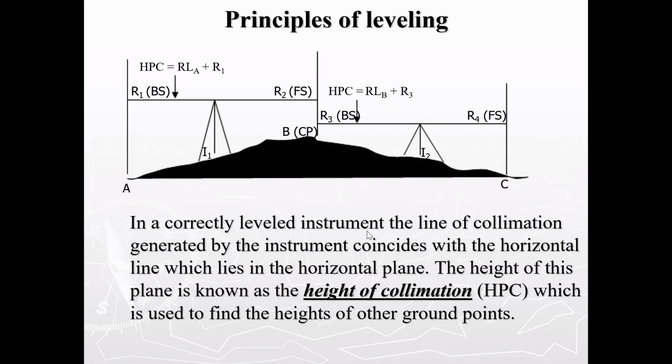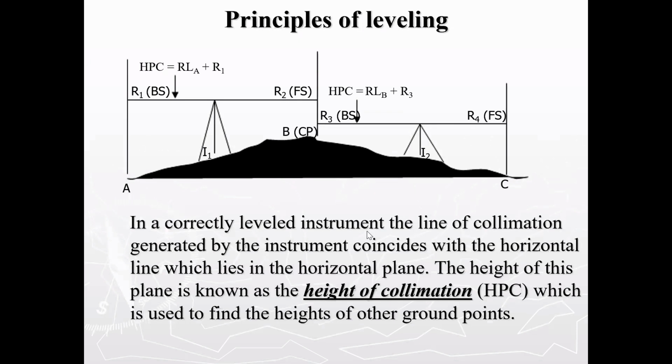Now, once we have established the reduced level of that line of sight, if we rotate our level until we view a staff at point B here, which is labeled as CP, and we have already established the elevation of the horizontal line, which is the line of sight, then to find the reduced level of B, we shall take the reduced level of the line of sight minus the staff reading at point B, which is R2.